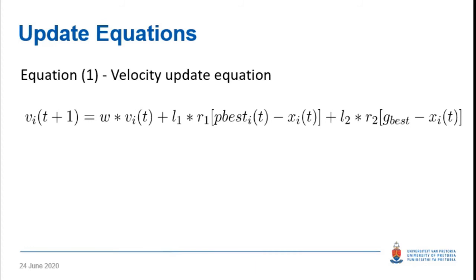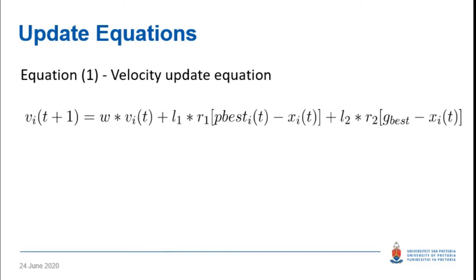So you can see it's taking the subtraction of the best known position, pbest for the particle i at time t, and it's subtracting the position of the particle xi at time t. That's multiplied by two values.